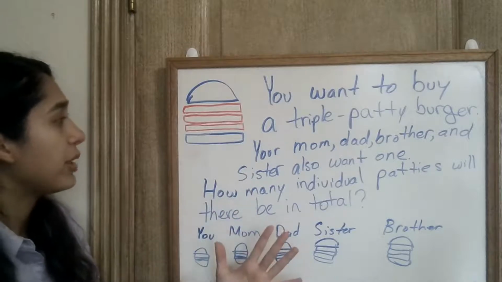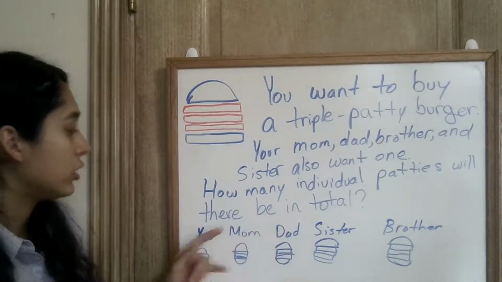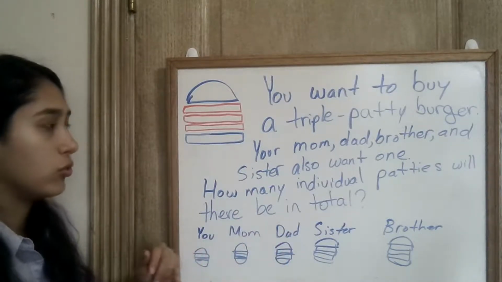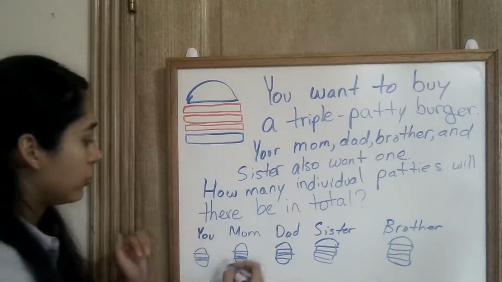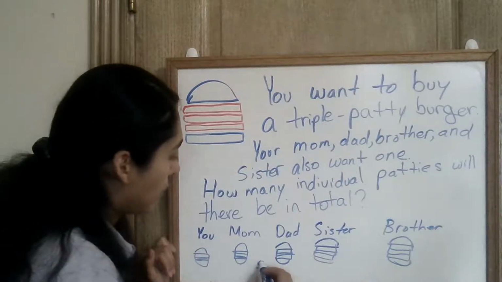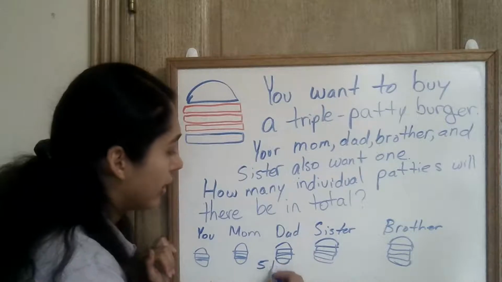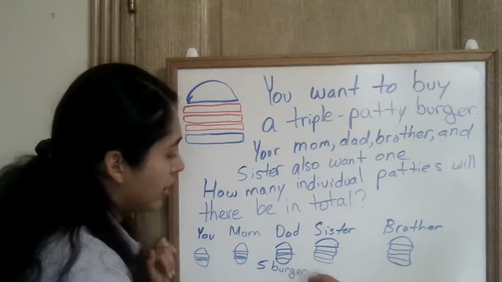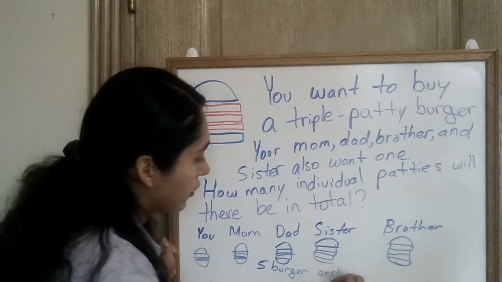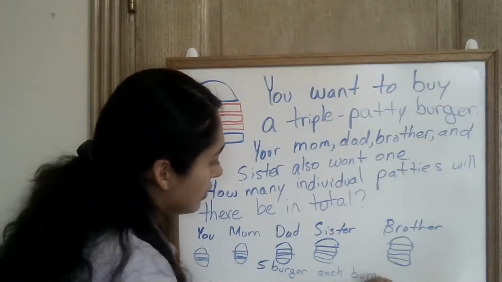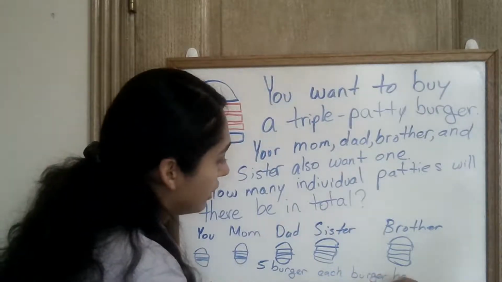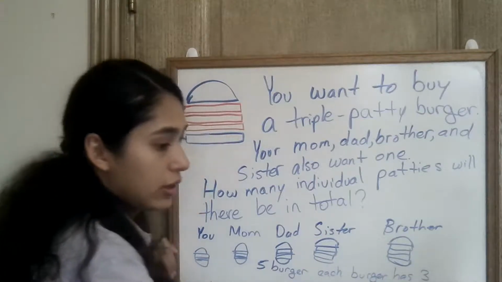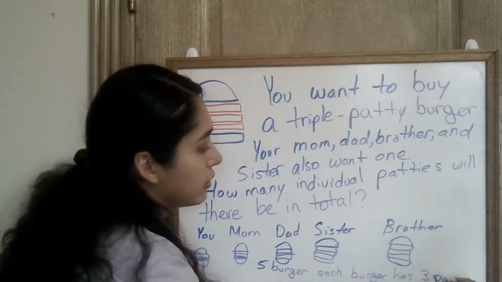So we know we have 5 people, and there's 3 in each one. So 5 people, or 5 burgers that we're going to get. And each burger has 3 patties.